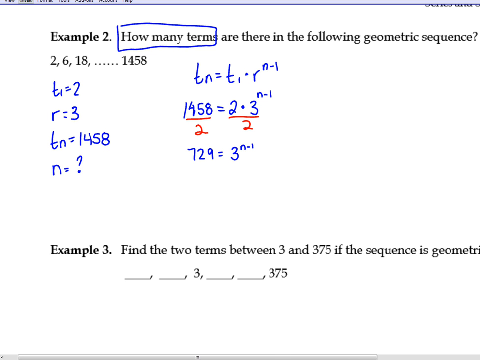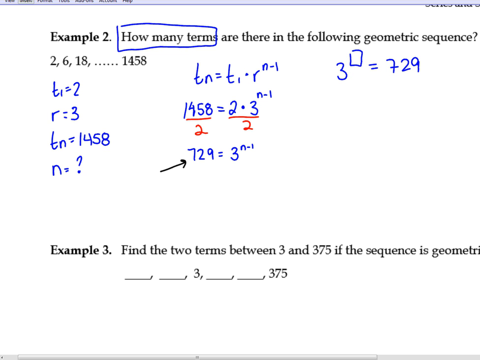So is 729, can we express this as 3 to the power of something? Okay, is 3 to the power of something equal to 729? So we need to do a little bit of guess and check. So we want to turn the bases into the same.